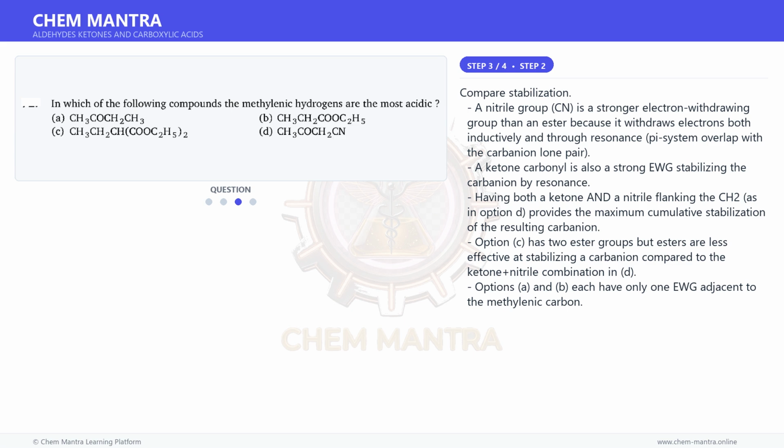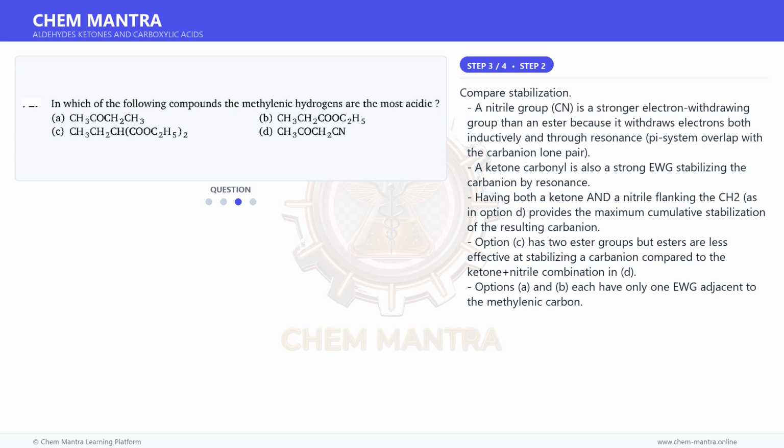Having both a ketone and a nitrile flanking the CH2, as in option D, provides the maximum cumulative stabilization of the resulting carbanion. Option C has two ester groups, but esters are less effective at stabilizing a carbanion compared to the ketone plus nitrile combination in D.